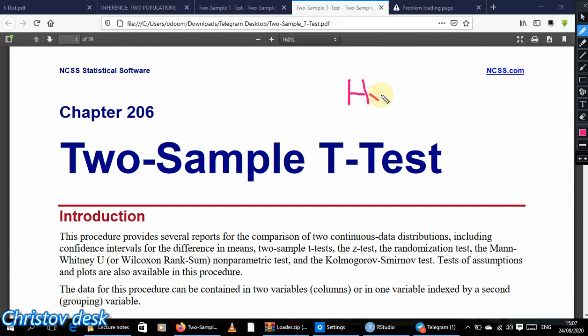So we use hypothesis testing, and either you are going in the way of parametric or in a way of non-parametric. So you will do parametric statistics or non-parametric statistics.